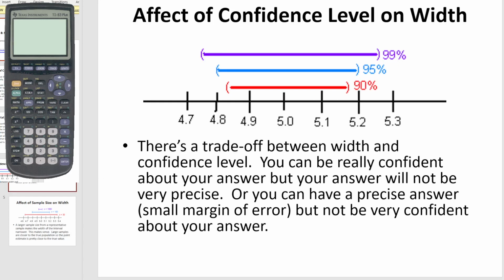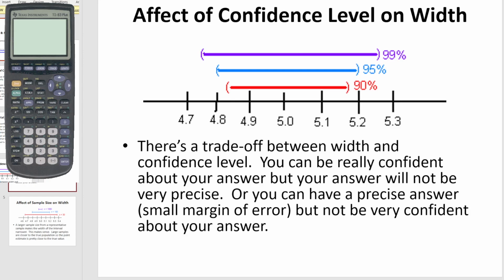And there's a trade-off between the width of a confidence interval and the confidence level. You can be really confident about your answer, but your answer will not be very precise. Or you can have a precise answer with a small margin of error, but not be very confident about your answer.